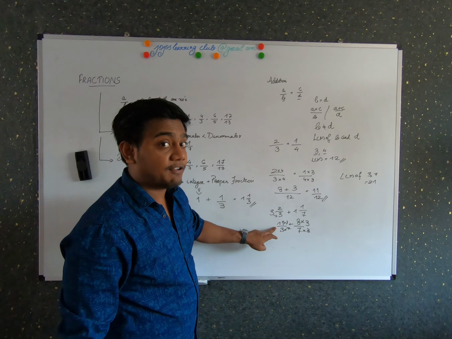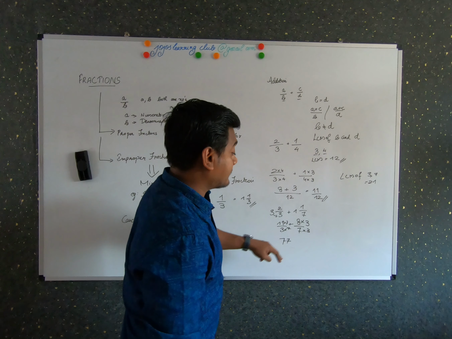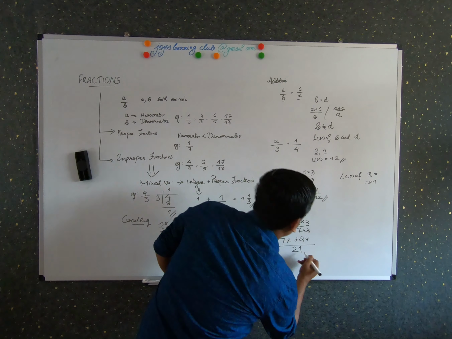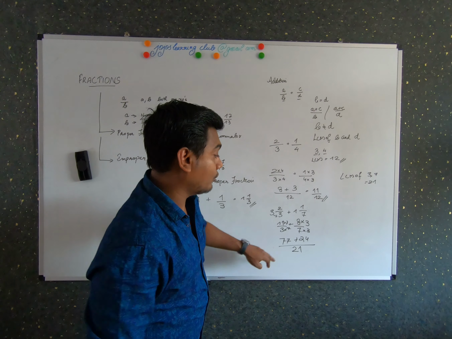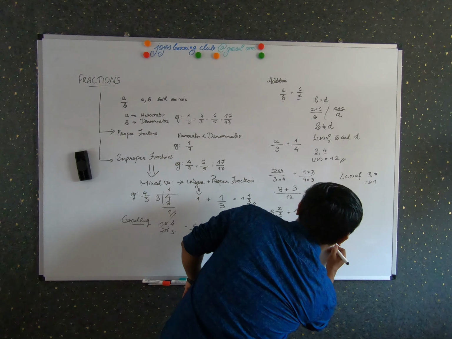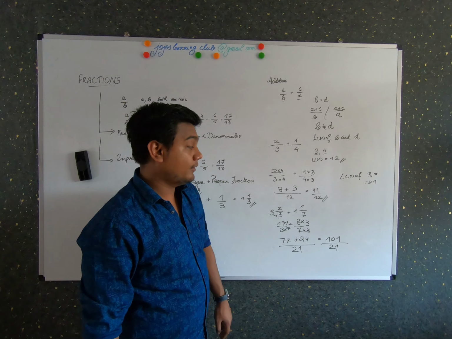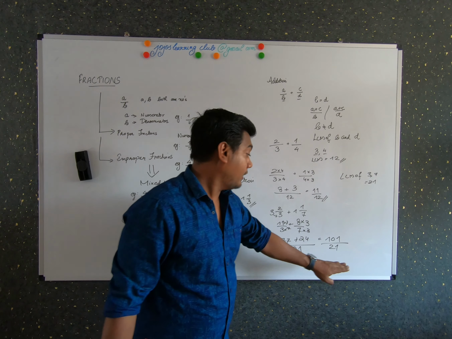So 11 times 7 is 77. Okay. 8 times 3 is 24 by 21. 77 plus 24, 101. So the answer is 101 by 21.